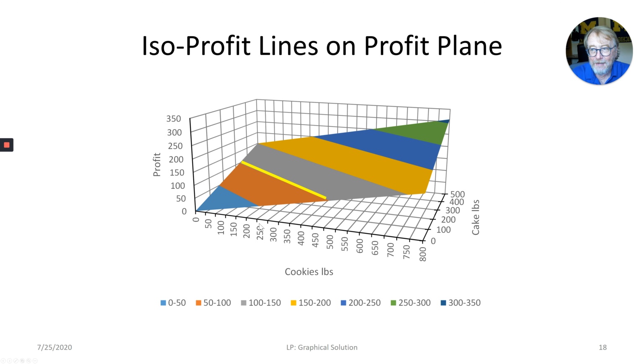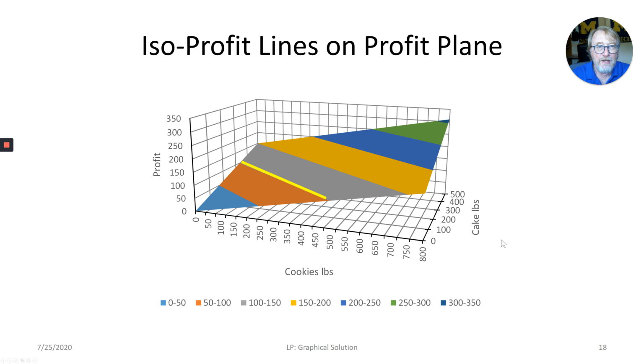And you can go ahead and plot that. And that line is actually this thing here. Okay, so these different color bands, 50 to 100 color band is here, 100 to 150 is here, a profit of 100 is here. And it looks like it's slanted a little bit from the perspective, but it's just a flat line. Okay, $100.